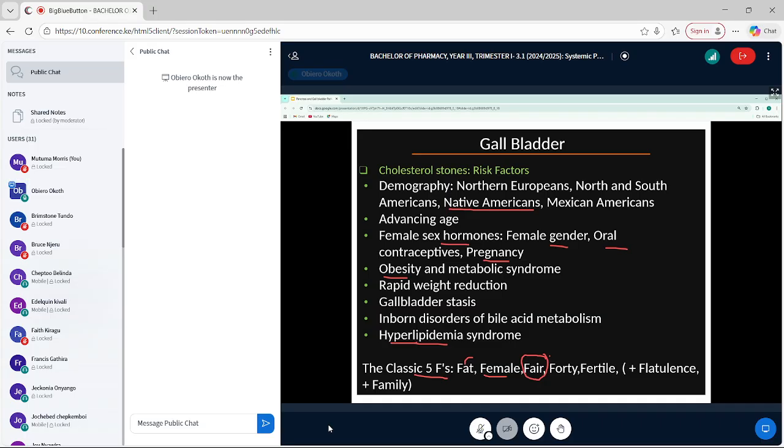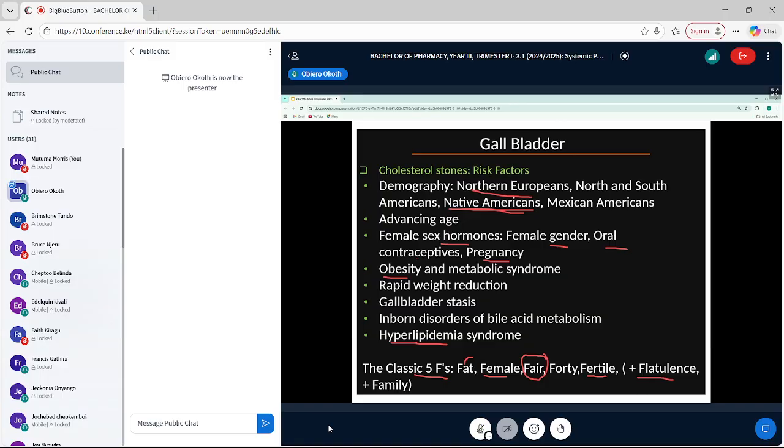Let's say yellow. So fair here, and this is why you are seeing this in the Northern Europeans, you're seeing it in the Native Americans. You see them in patients who are above 40, and again, patients who are fertile. Again, the issue of pregnancy, the issue of oral contraceptives.